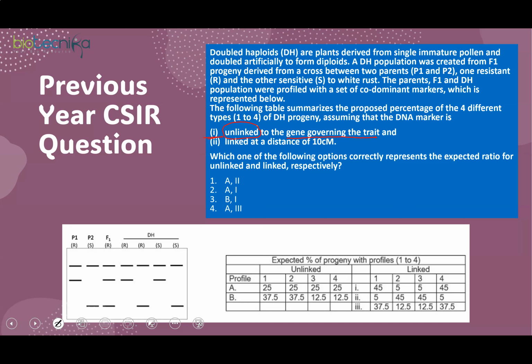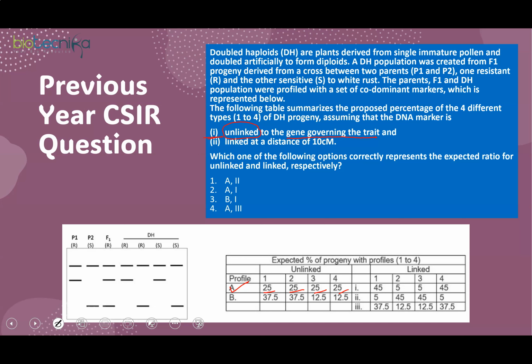Unlinked means independent assortment, so for unlinked, the answer will be profile A, that is 25, 25, 25, 25.